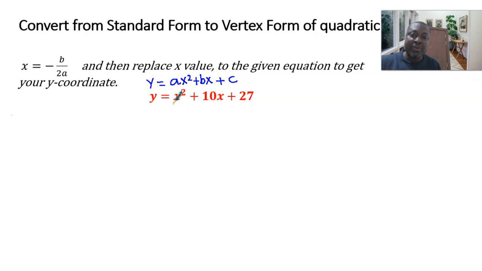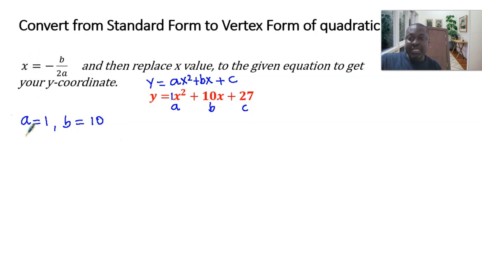So looking at here, the a is going to come from here, the b from here, and the c from here. We are not going to need the c, but there's no number here, so we assume that it's supposed to be 1. So here we have a equals 1, b equals 10.